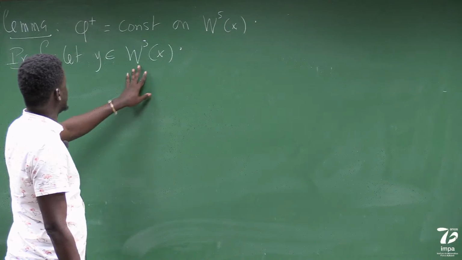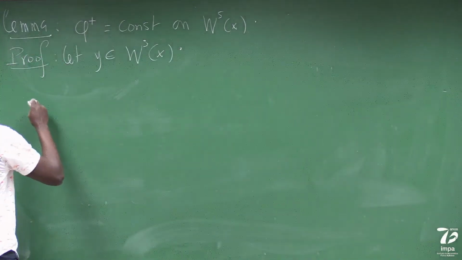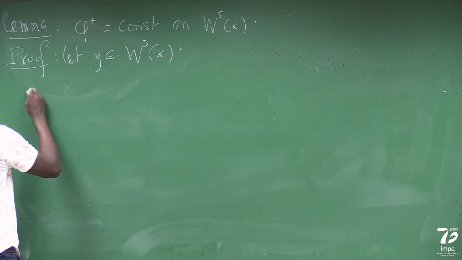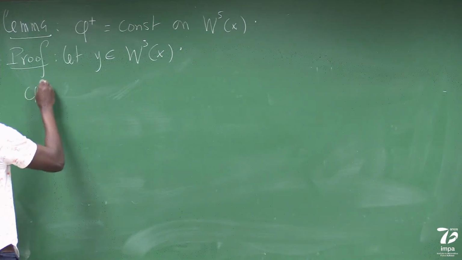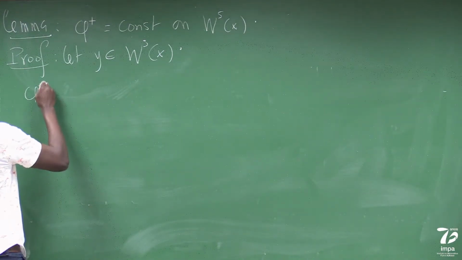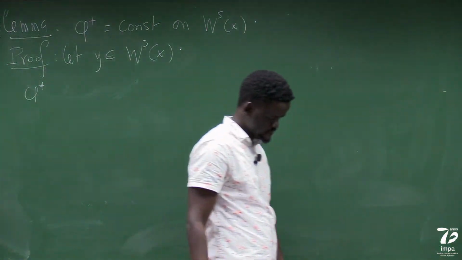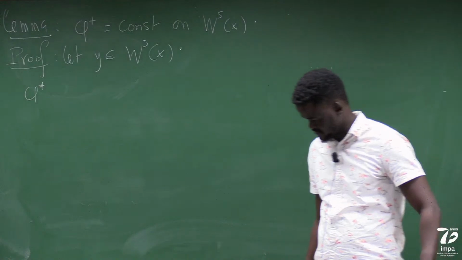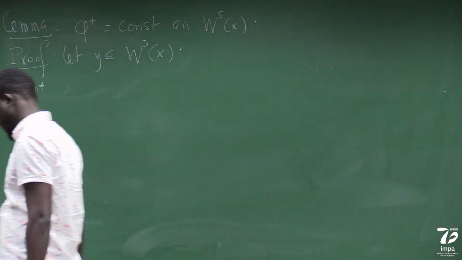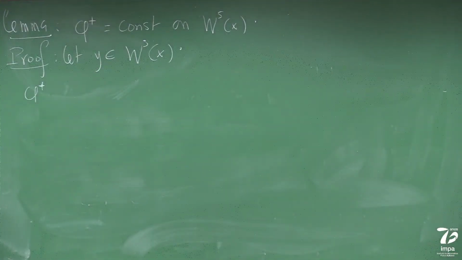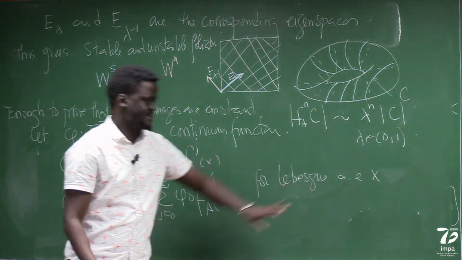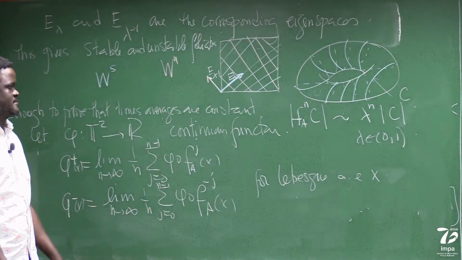If you have a point here, so if you write phi plus, already, Lebesgue tells you that it exists for almost every point.